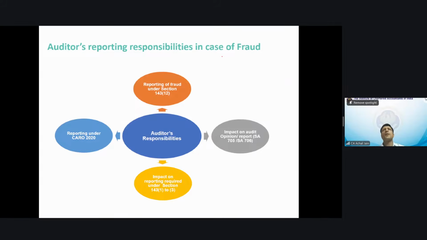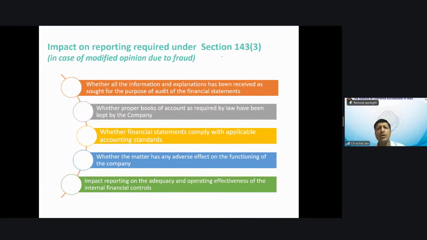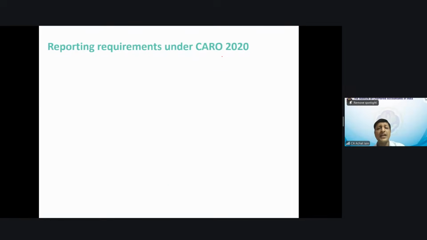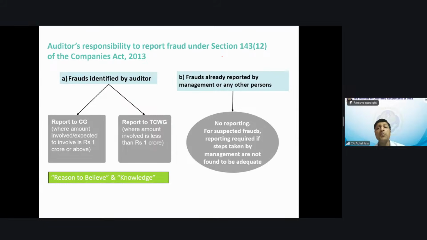Now, when it comes to fraud particularly, there are some reporting responsibilities which have also been placed. CARO is one. Then, of course, you have this in the main audit report as to how you go about it. But this area is such that it's extremely important for the auditor to get into such type of details.